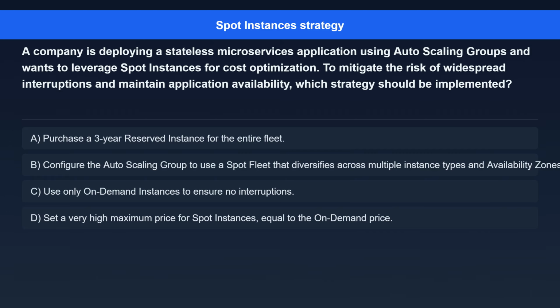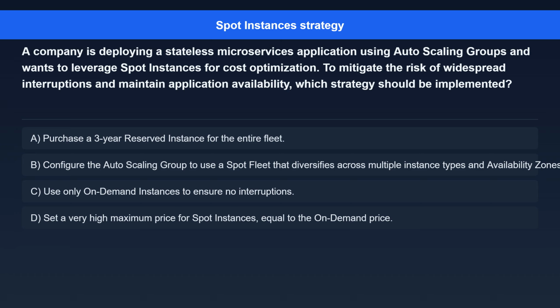Question 6. A company is deploying a stateless microservices application using auto-scaling groups and wants to leverage Spot instances for cost optimization. To mitigate the risk of widespread interruptions and maintain application availability, which strategy should be implemented? Option A. Purchase a 3-year reserved instance for the entire fleet.